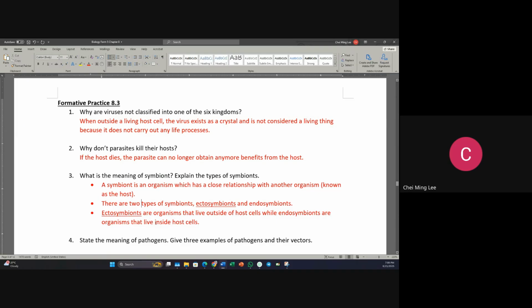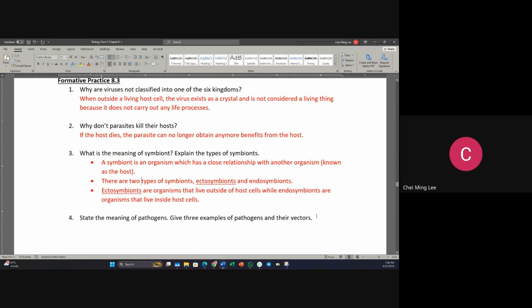Endosymbionts are the organisms that live inside the host cell. Okay. Now, state the meaning of pathogen and give some examples. So pathogens are the microorganisms that spread disease. So let's see the example.